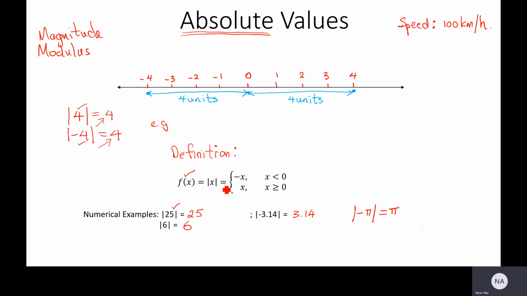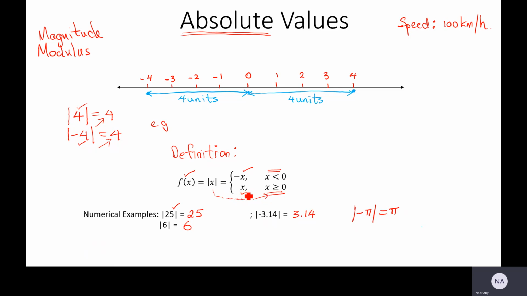And the absolute value of x is equal to negative x when we look at x less than 0, and x if we look at x greater than or equal to 0. Now, at first, that seems a bit confusing because there's so many x's there. But this is your restriction. These are your restrictions coming directly from there.